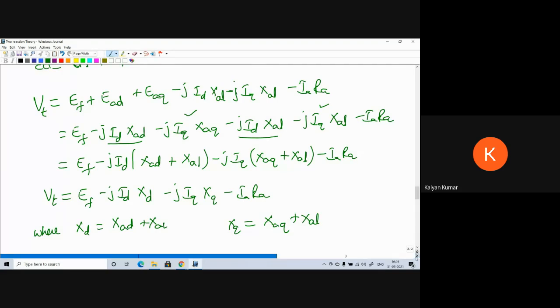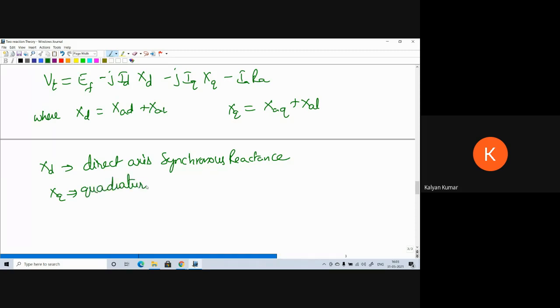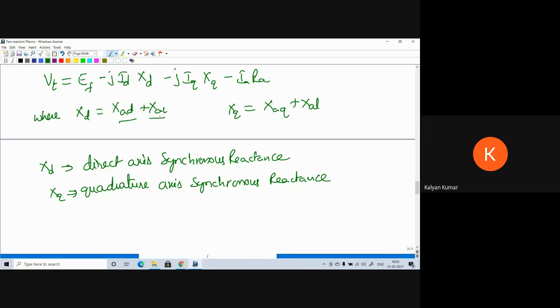So this XD is called the direct axis synchronous reactance, and XQ is called the quadrature axis synchronous reactance. Now if you observe the formulas, XD is XAD plus XAL and XQ is XAQ plus XAL.